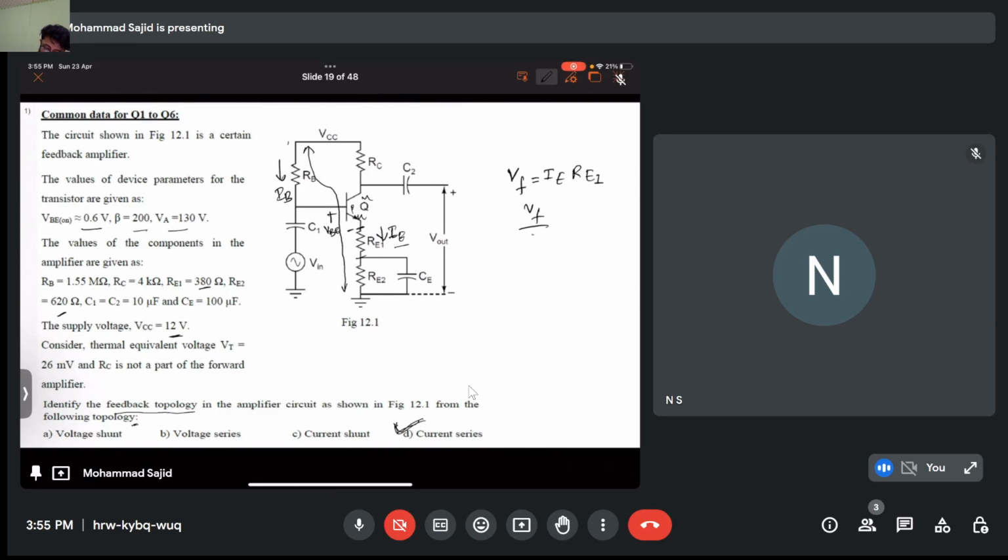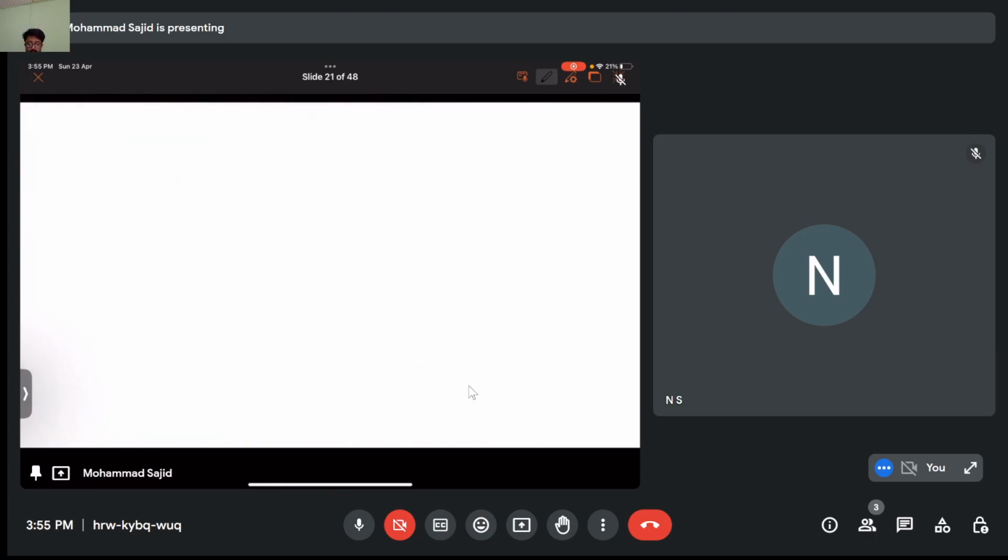So Vf by IE is RE1, right? So can I say that for feedback it is beta times IE, so your beta is simply RE1, correct? So for this transistor your beta is RE1.